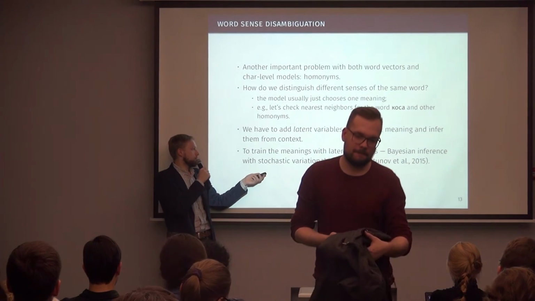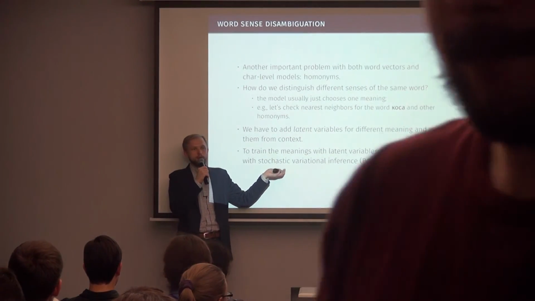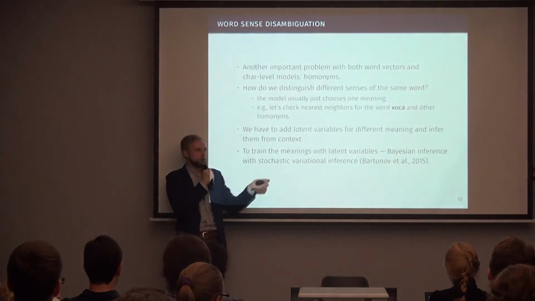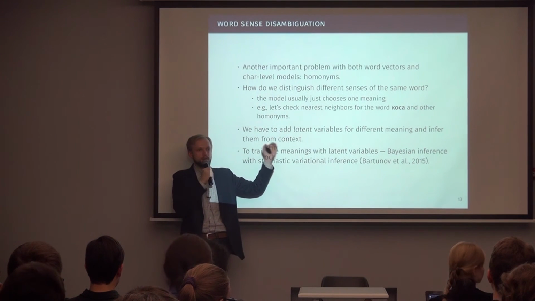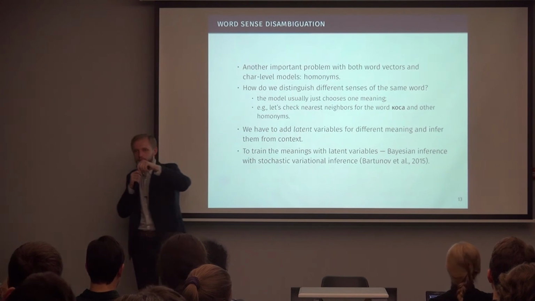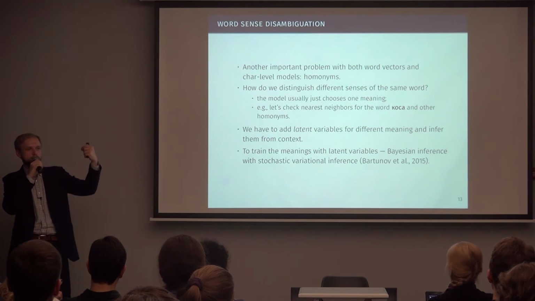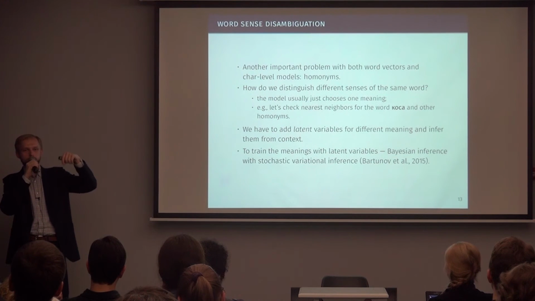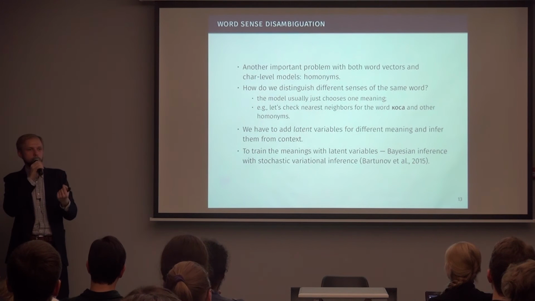So we have to use some kind of variational approximations. We have to use stochastic variational inference to train the meanings, because the vector that is used now is represented with a latent variable, because we don't know which specific meaning we want to use, and we don't even know how many meanings a word should have.